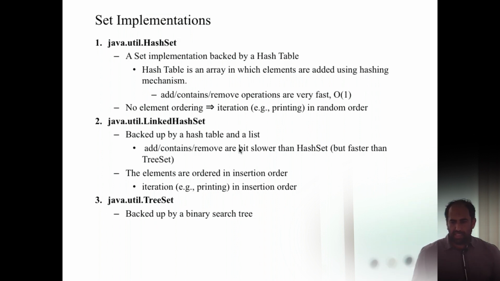And the linked hash set is basically a mix-up of both the hash table and the list. It has operations a bit slower than the hash set, but still faster than the others. We will learn more about these after the next week, when there will be more details about time complexity.